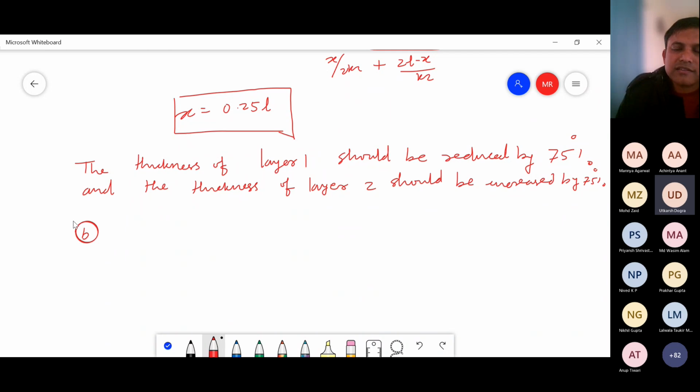In part B, it is given that if layer 1 is completely replaced by the material of layer 2, how much will be the total reduction? Do you all agree?